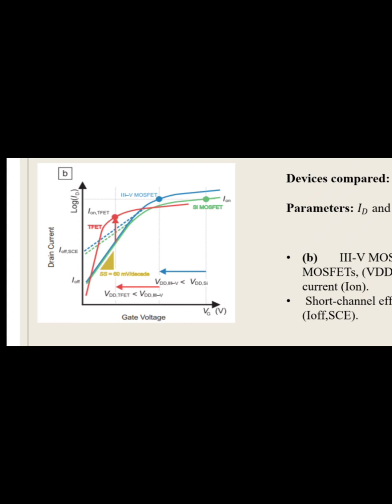So they say that although the on current of T-FETs might be lower than the silicon and III-V MOSFETs, it can be achieved at a much smaller voltage.